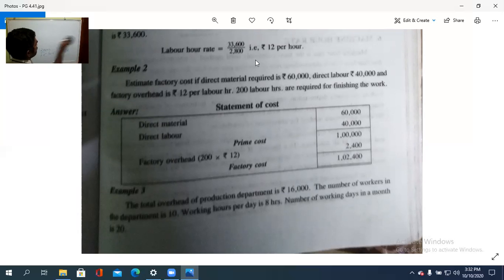How is it to be calculated? We will check it.